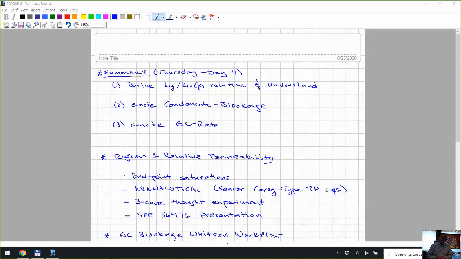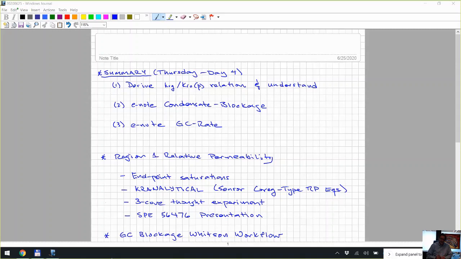We're going to talk more today about the gas condensate blockage, and we're going to make use of what we've already talked about, review some of that using the e-note on condensate blockage, which is pretty much just a summary of what we've already talked about.